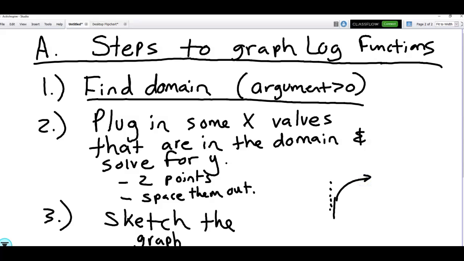Now, because of transformations and reflections, you could have one going this way. You could also have them going downwards or like this. So you might want to sketch those 4 options on your paper because once we have our asymptote and 2 points, we're going to need to connect all that together with a picture, and it's going to look like one of those 4 things there.